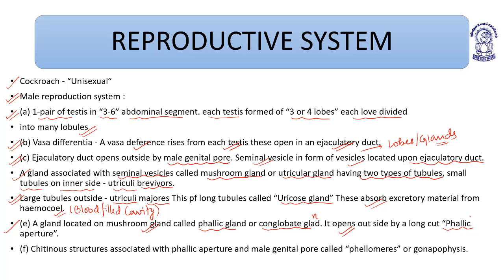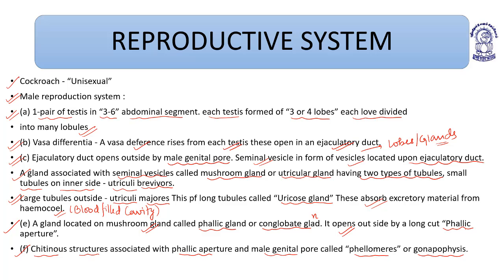Chitinous structures associated with the phallic aperture and male genital pore are called phallomeres or gonapophyses.